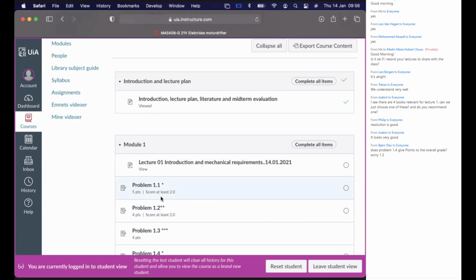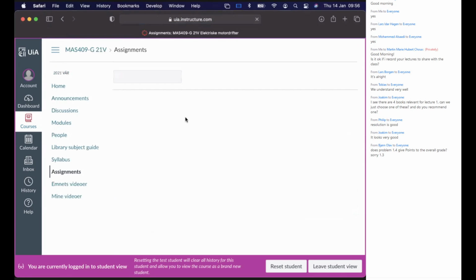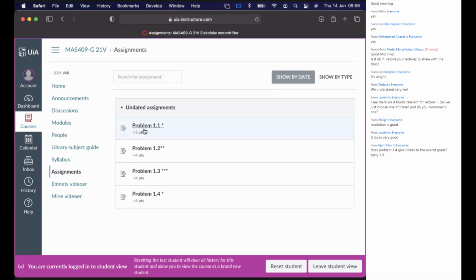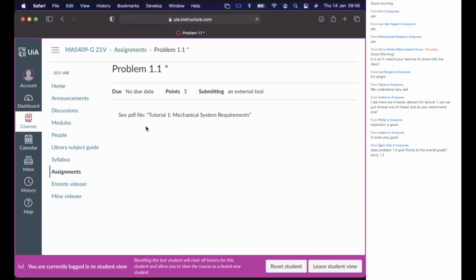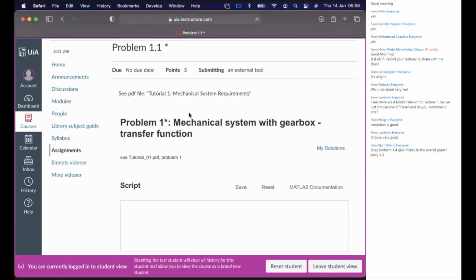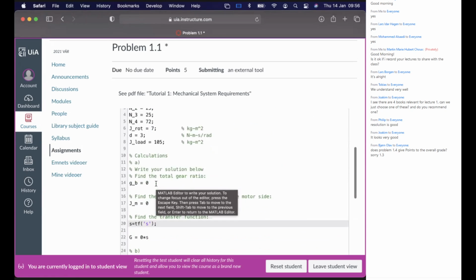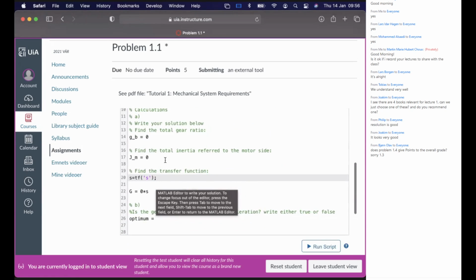And the submission for this assignment is done if you go to the assignment part here. If you want to submit the first problem, it will open here. It's based on MATLAB. So here you can enter your answer directly in MATLAB language.